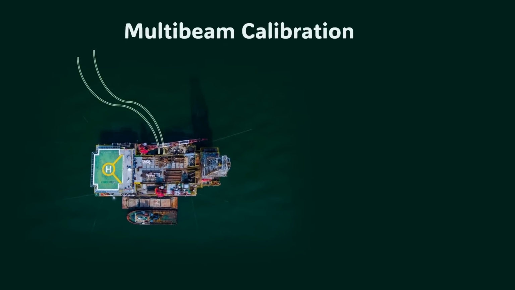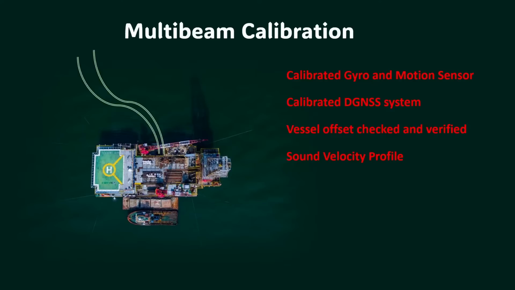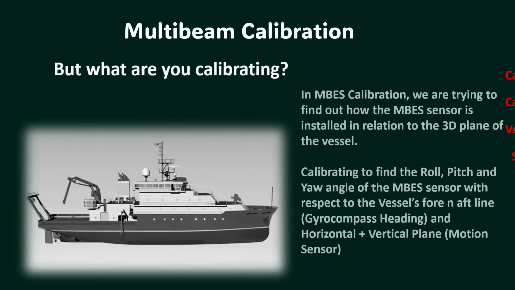Now let's move to multi-beam calibration. Before you start the calibration, you must have a calibrated gyro and motion sensor. You must have calibrated and verified the DGNSS system, vessel offsets checked and verified, and the sound velocity profile observed and added in the system. Let's first understand what we are trying to calibrate.